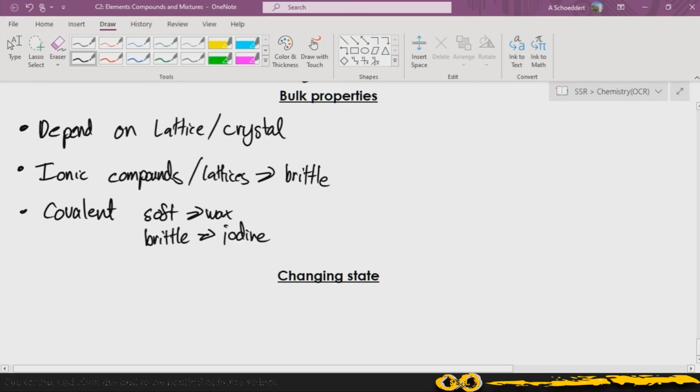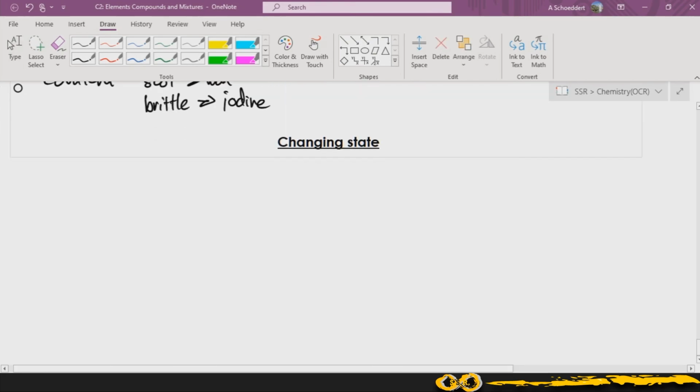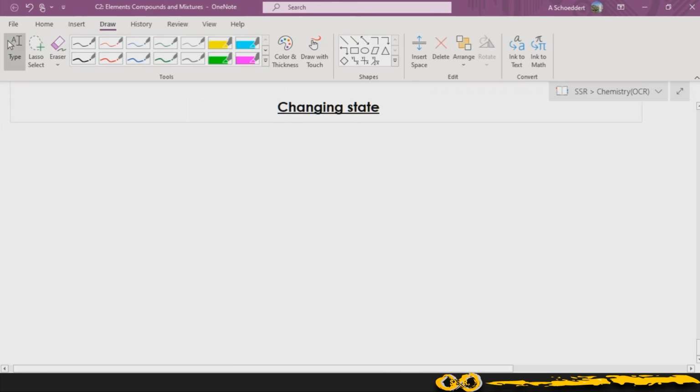The final place where the bonds will affect is in changes of state. If you are changing state, then that means you are breaking bonds. Some bonds break from solid into a liquid, and then all bonds between liquid and gas.